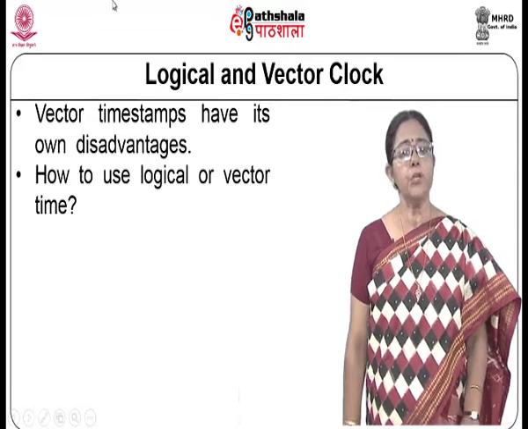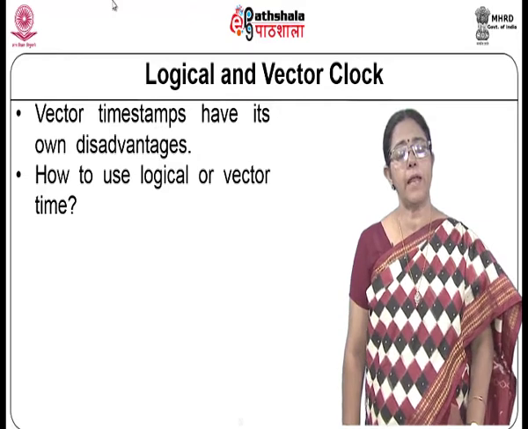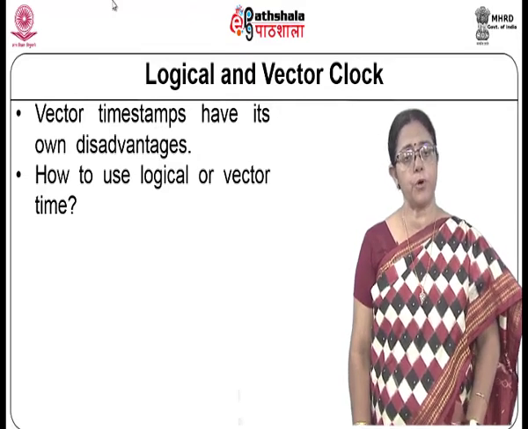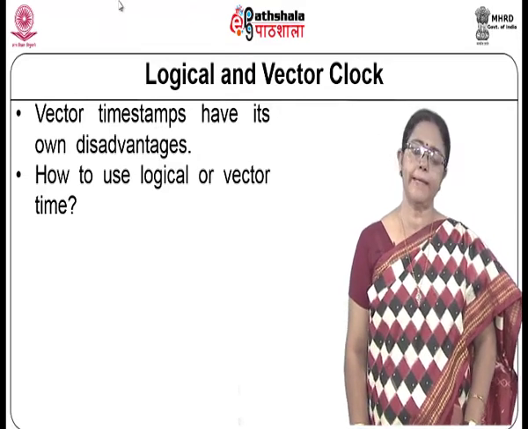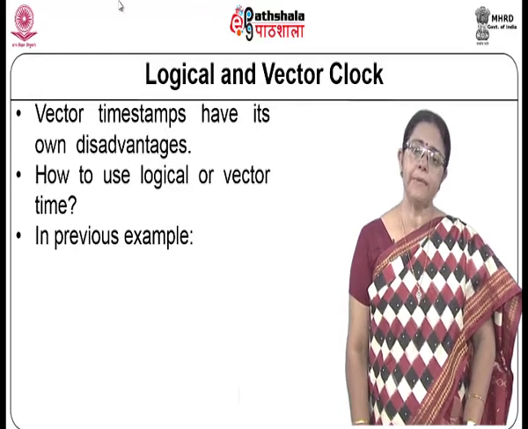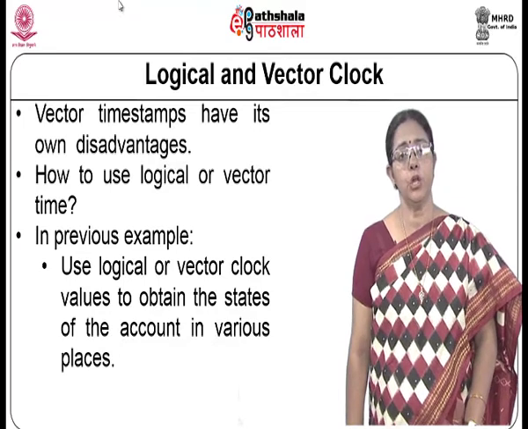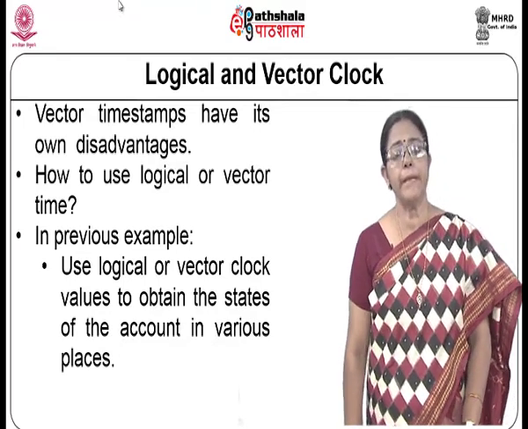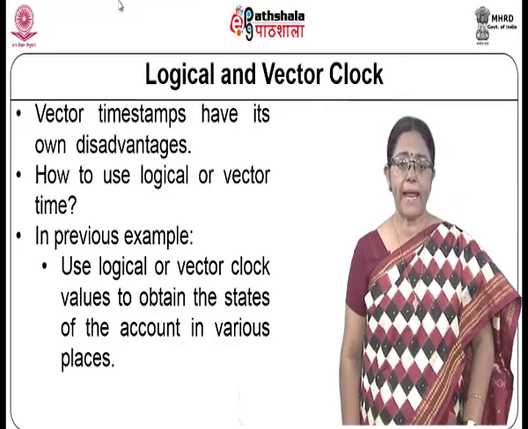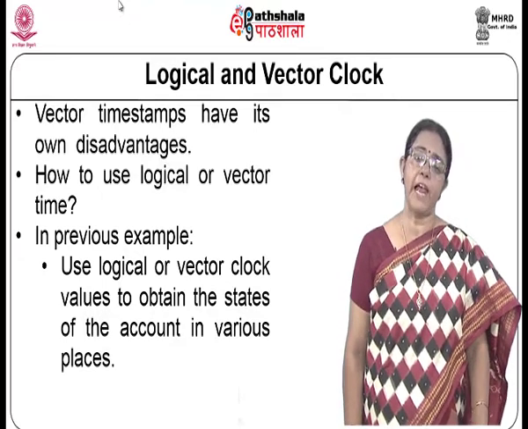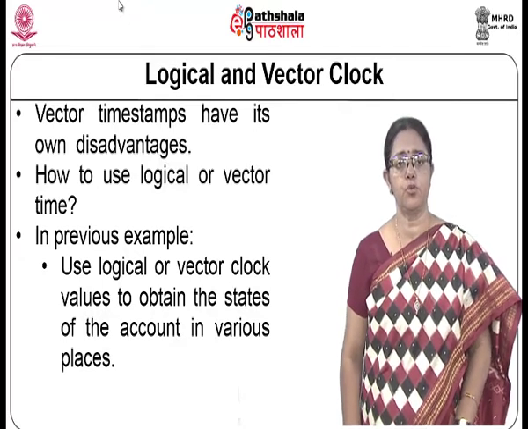Now, how to use these clock values with respect to problems that we have defined right at the beginning? If we take this example, we can easily use the clock values to determine which are the points where the state of the account should be noted.